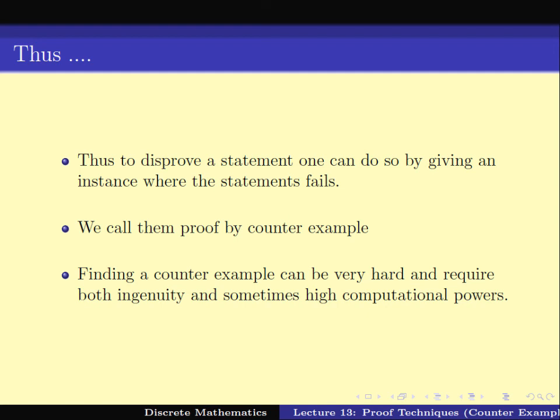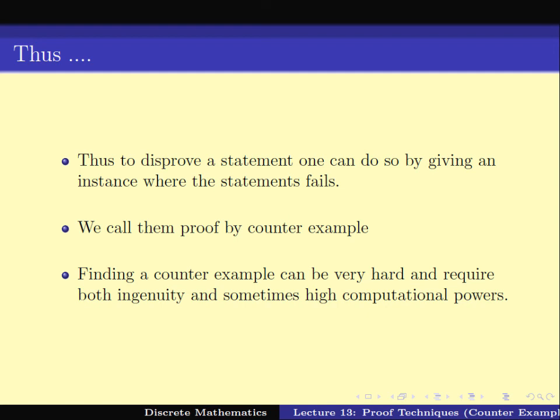So this demonstrates one more proof technique, namely counterexample, a very useful technique for proving or disproving a statement. Note that proving a statement is not necessarily the easiest job, and neither is disproving a statement.